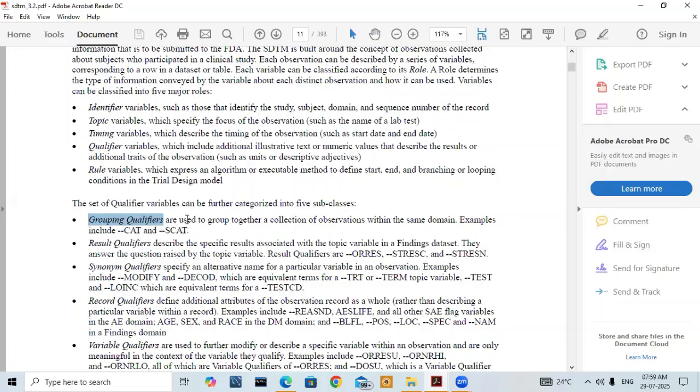For example, take an anti-hypertensive drug, atenolol. Atenolol is a beta blocker, used to reduce hypertension in patients. So it comes under the main category of anti-hypertensive.